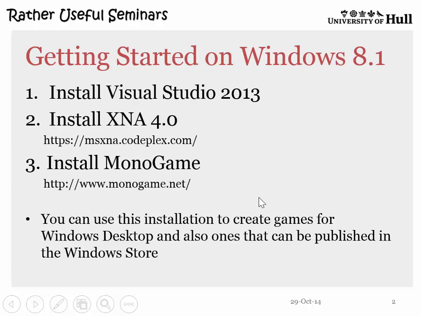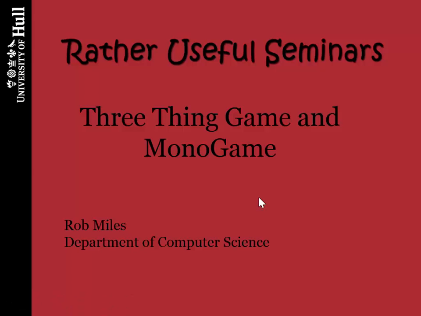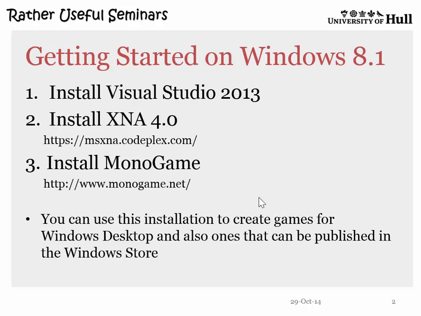Right, so this is XNA and MonoGame. If you want to get started on the development of this stuff, then these are the steps you follow. Get hold of Visual Studio 2013, install XNA 4. There's xna.codeplex.com. There's a really weird comment on there where it says something like, we're providing support for XNA until Microsoft does, which makes you think, ooh, maybe it's coming back.